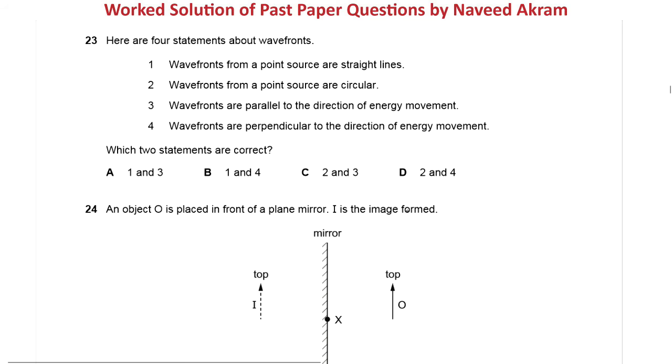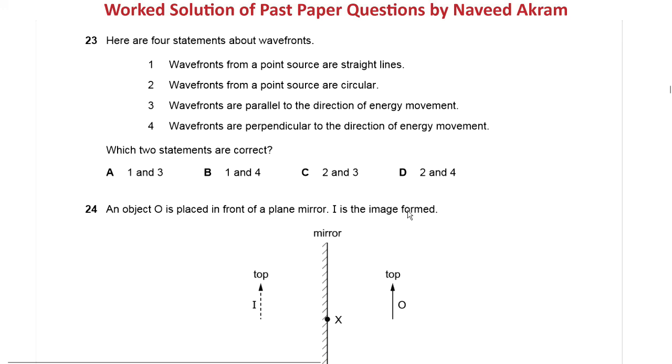Okay, our next question is question number 23 from October-November 19 variant 2. Here are 4 statements about wave fronts, and we have to find which 2 statements are correct. First statement, wave fronts from a point source are straight lines.